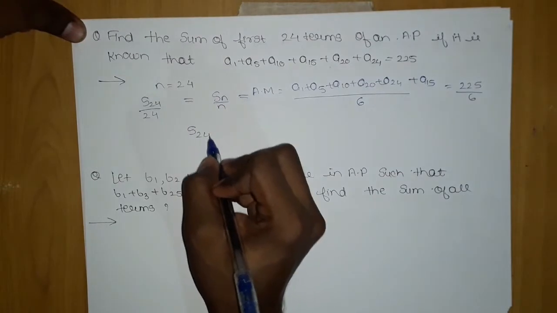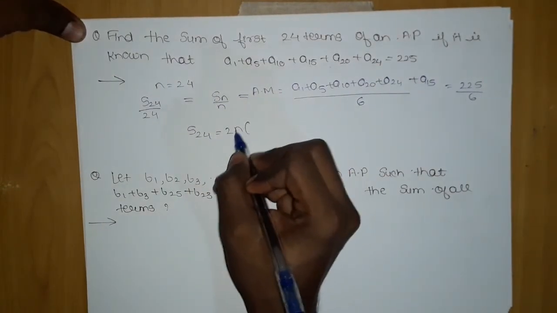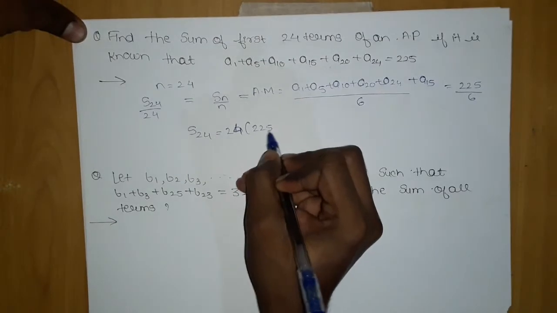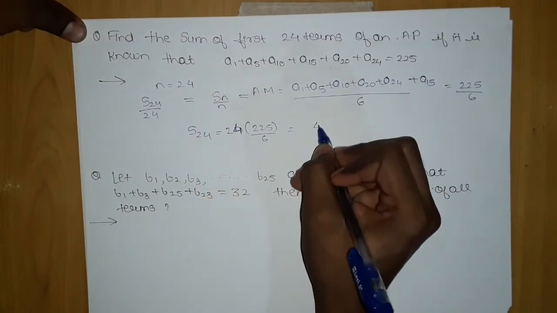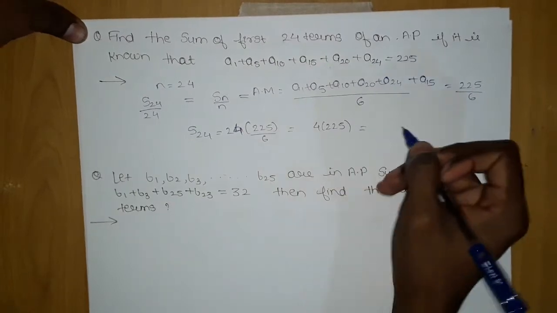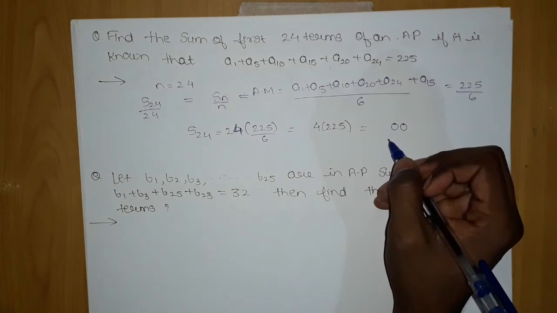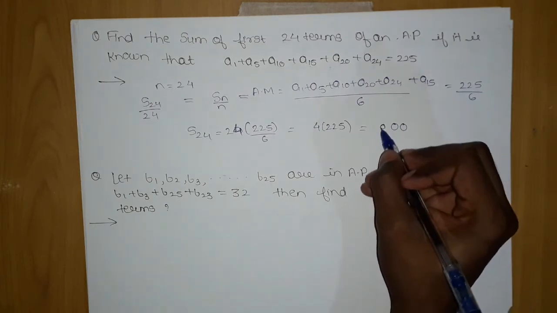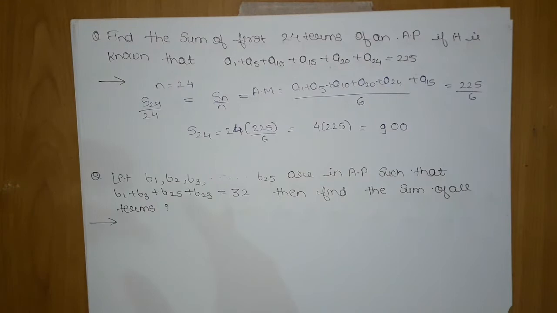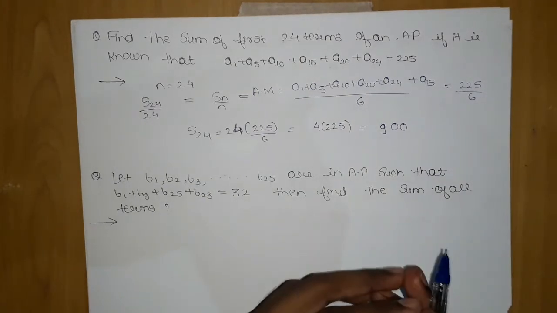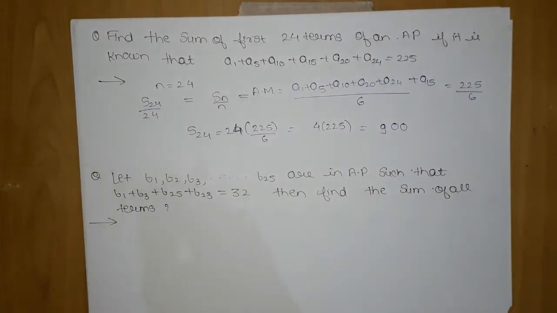So S24 will be n into 225 by 6, which is 24 into 225 by 6, and 4 sixes are 24, so 4 into 225 will give me my answer, which is 900. So we got the sum easily. Here the basic thing which you needed to know is that the sum of subscripts should be n plus 1. We find the n. If the n plus 1 subscript pairs are easy to get, and you can locate them by looking, then your job is done, you can get the answer.